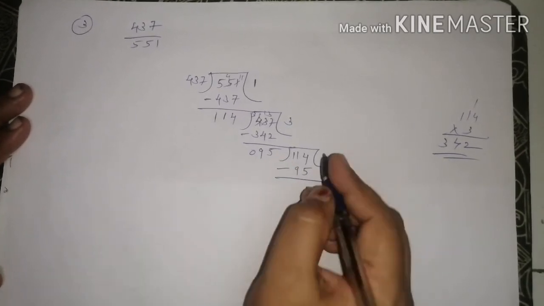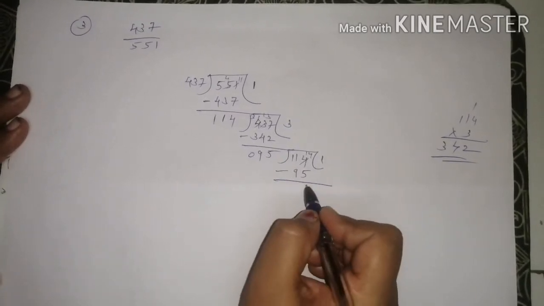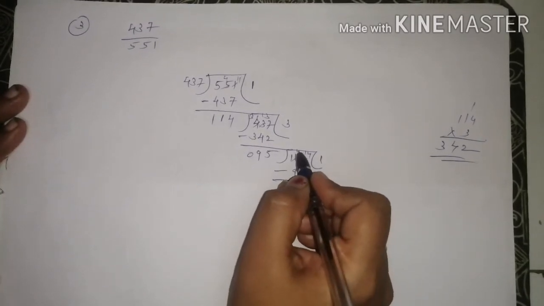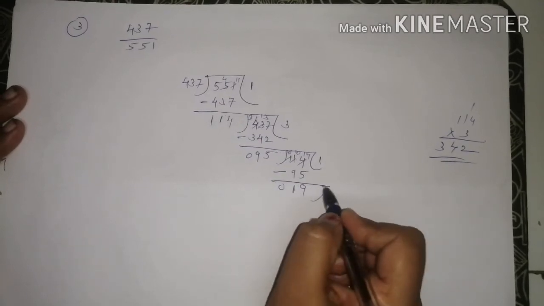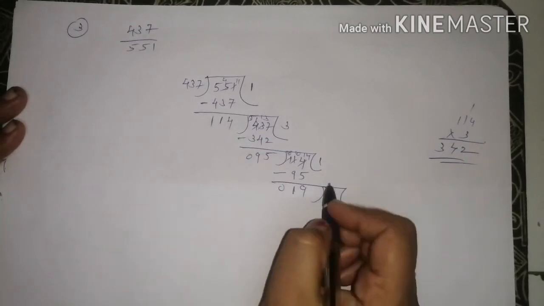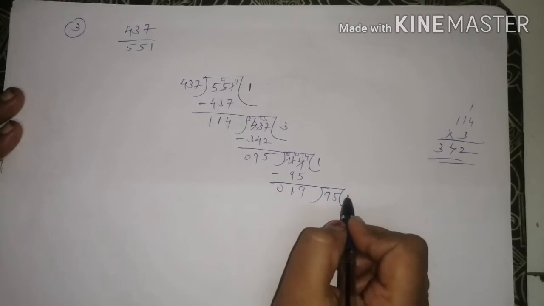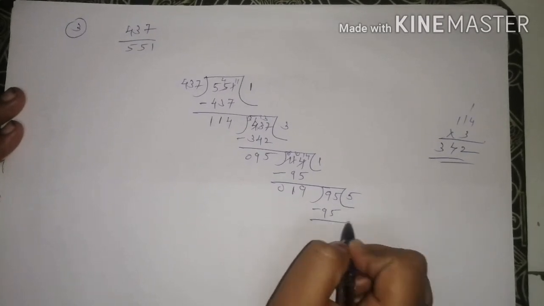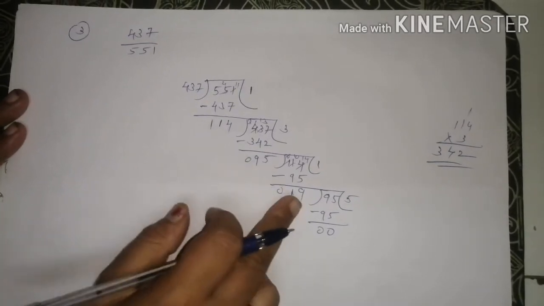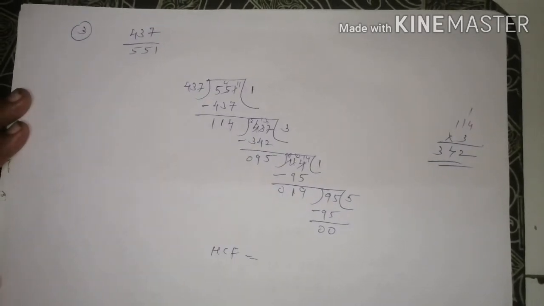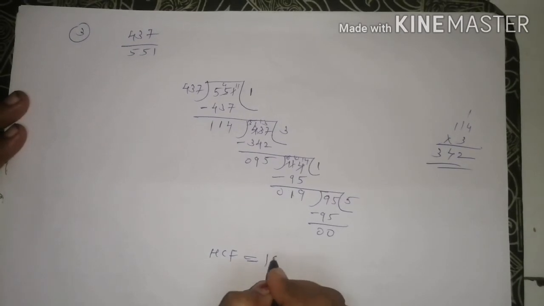Subtract 95 from 114. 14 minus 5 is 9, 10 minus 9 is 1, and 0. The next divisor will be 95. In the 19 table, 95 comes. 19 fives are 95. We got the remainder 0. So HCF will be the last divisor. The last divisor is 19. So we got HCF as 19.